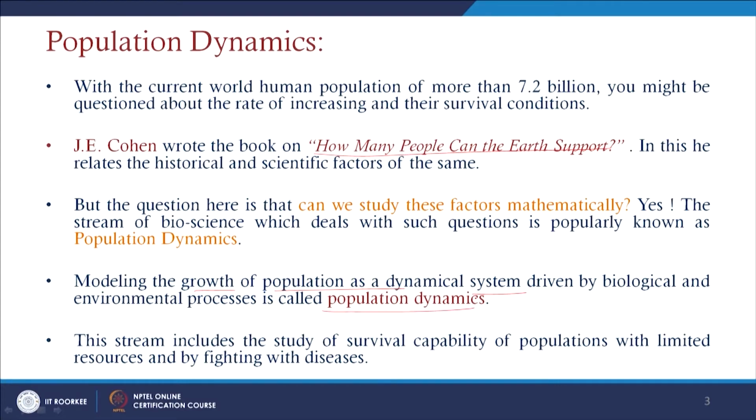This stream includes the study of the survival capability of populations with limited resources and while fighting diseases. The population level always depends on the birth rate and death rate. If we consider the total population size, we have to take the birth rate minus the death rate, and how time affects it relative to other factors. If we consider all these factors at a time, we will have a complete population dynamics model.